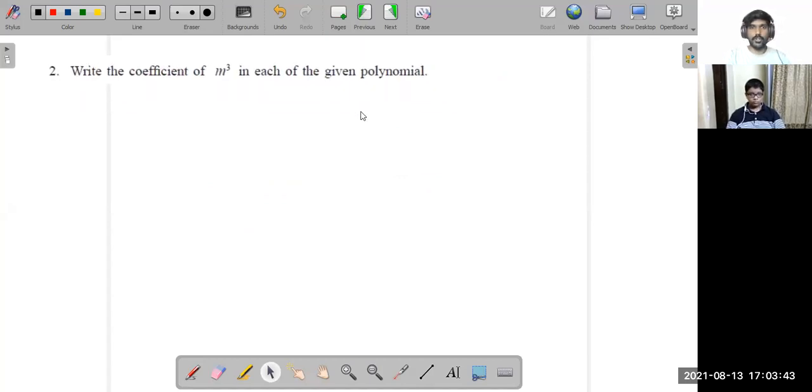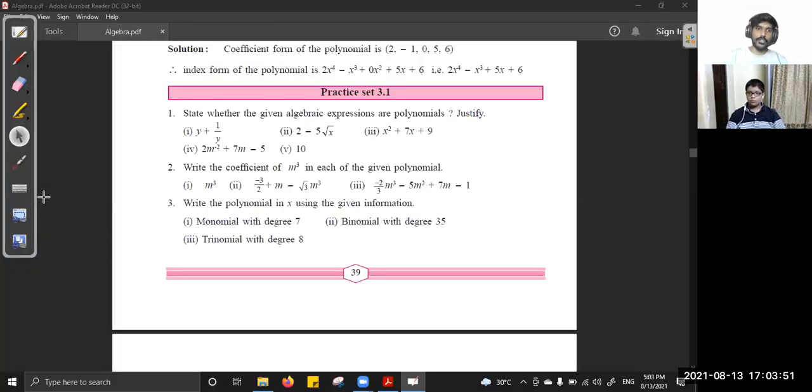Write the coefficient of m cube in each of the given polynomials. You just have to pick up what is the coefficient of m cube.